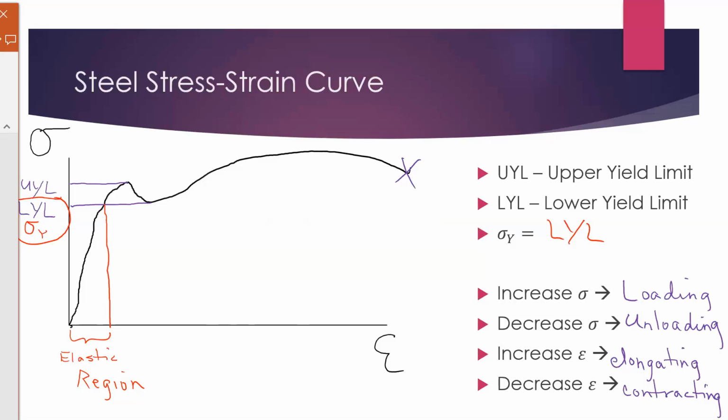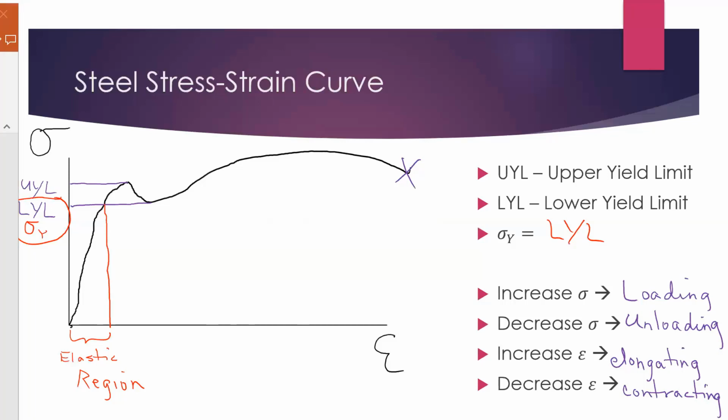Elastic means that when we remove the load, the material goes back to its initial position. We apply some load, the material deforms, and if I let go of that load, it goes back to its initial condition. That's elastic. Anytime we're in that region and we unload, it's going to follow that same curve back down.